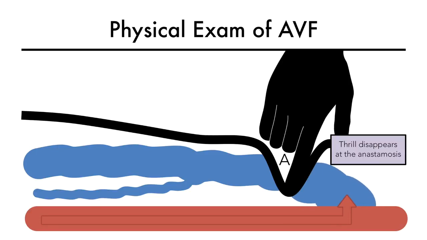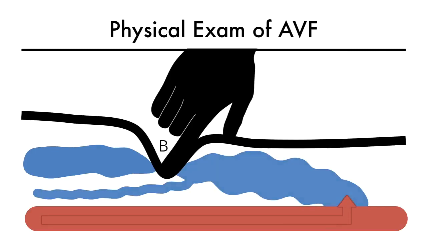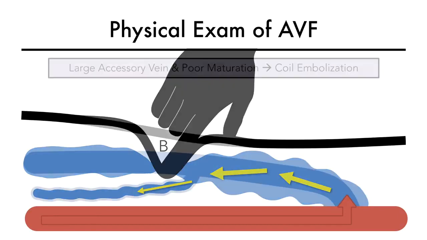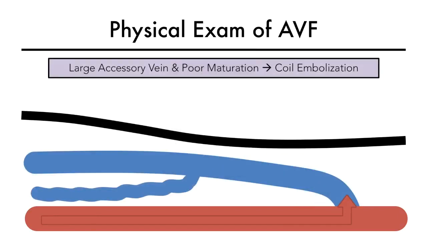Now move your finger along the cephalic vein downstream to point B. Occluding the fistula at point B past the accessory vein will allow blood to now flow through the large accessory vein, even though you continue to occlude the flow through the cephalic vein. Due to flow of blood from the radial artery through the anastomosis and into the accessory vein, the thrill will reemerge at the anastomosis. If you suspect a large accessory vein and have a poorly maturing fistula, coil embolization of the accessory vein may help.